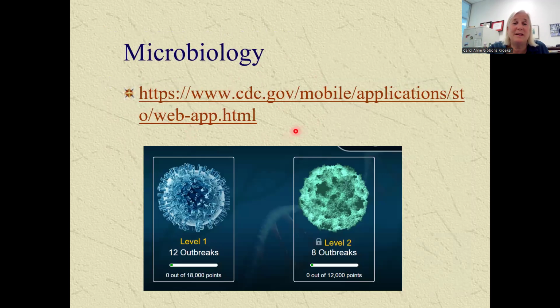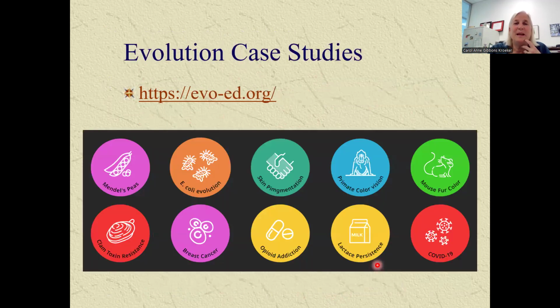Microbiology, this is another good one. This is actually a game where you can play different outbreak levels. This is from the CDC in the US, but they have several case studies and several pathogens you can play with. So that might be one if you teach microbiology. And then there's a whole lot at evo.ed, or dash ed, for evolution cases: Mendel's peas, E. coli evolution, skin pigmentation, mouse coloration, breast cancer, opioid addiction, lactose persistence.